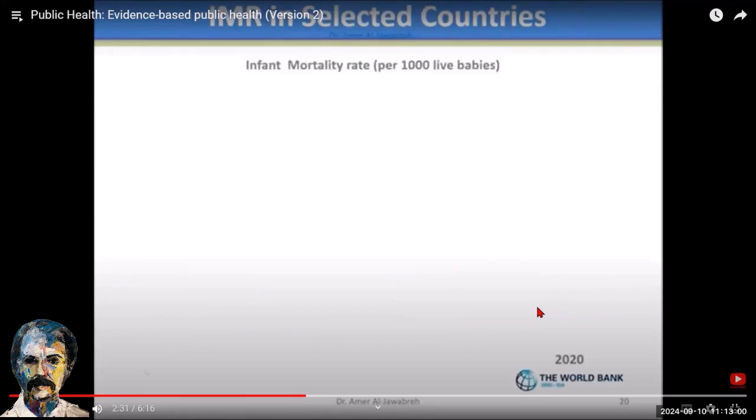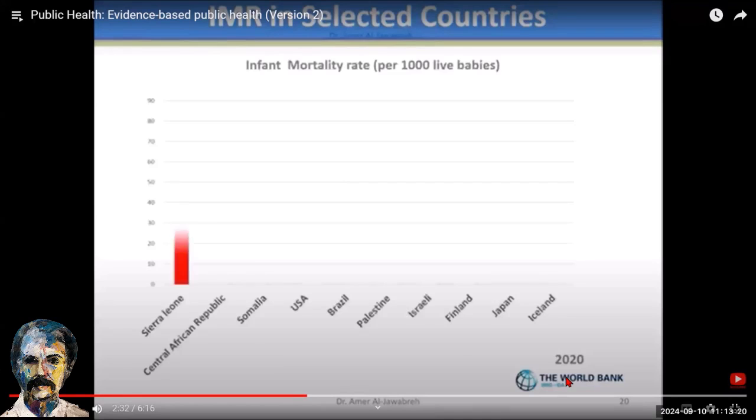Look, here the IMR, which is a very important vital statistic. I went to the World Bank here, because in the World Bank, they give you the IMR for all 196 countries. I took selected countries. Let's have a look. The highest, the lowest, and some countries which we are interested in. Have a look.